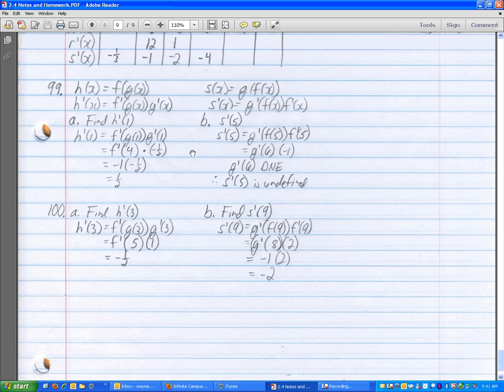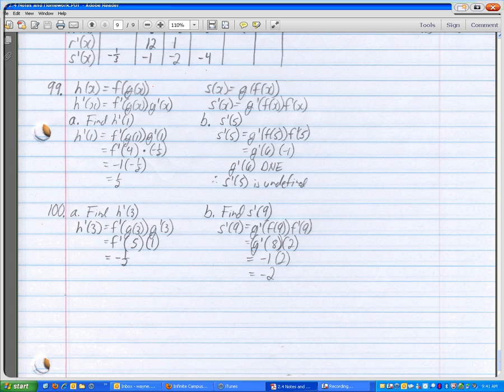So before I can find h prime of 1, I need to find h prime. They gave me that h of x is f of g of x, so use the chain rule to find h prime of x. Remember that one of our versions, if we had h of x equal to f of u, where u equals g of x, it was h prime of x equals f prime of u times the derivative of u.